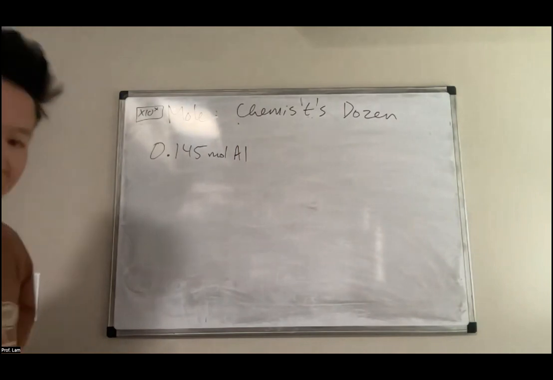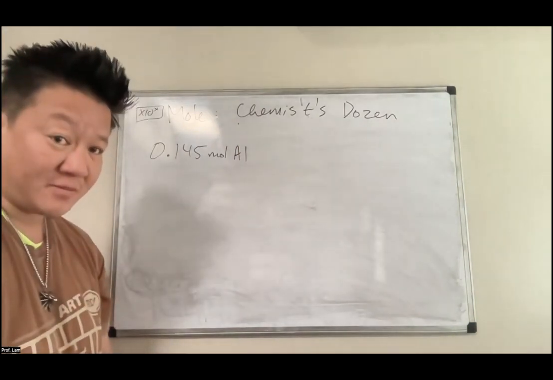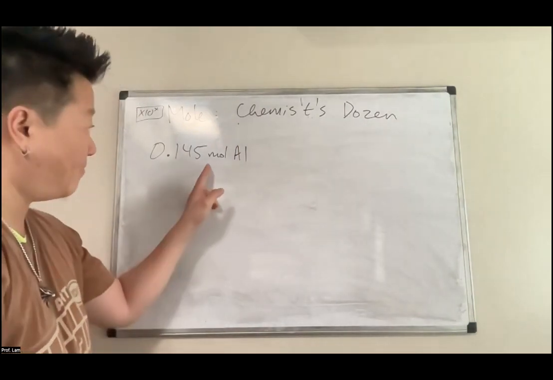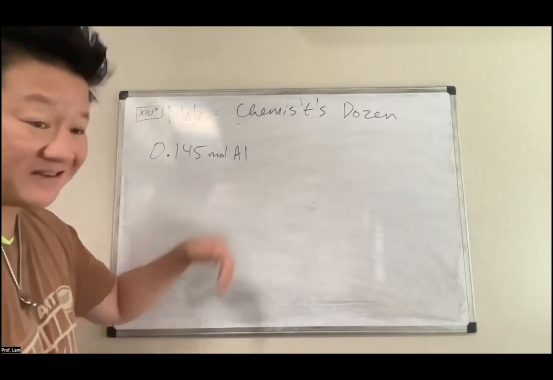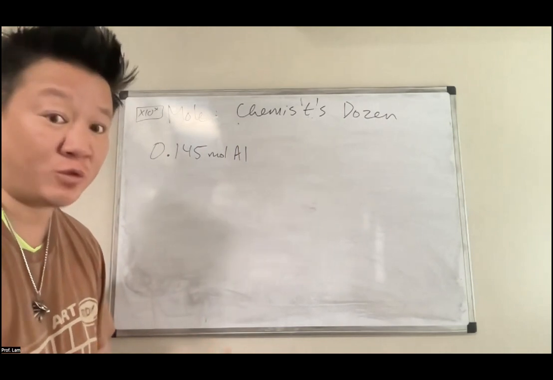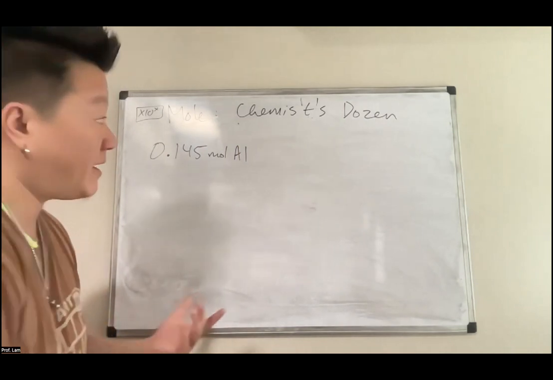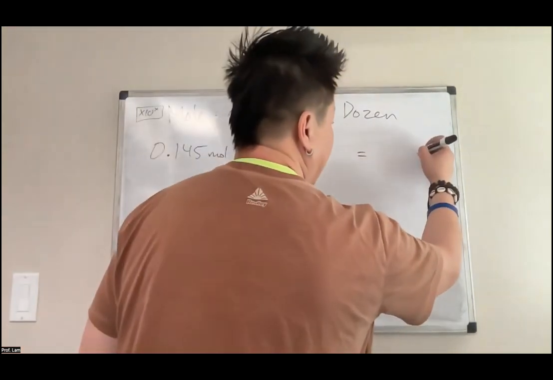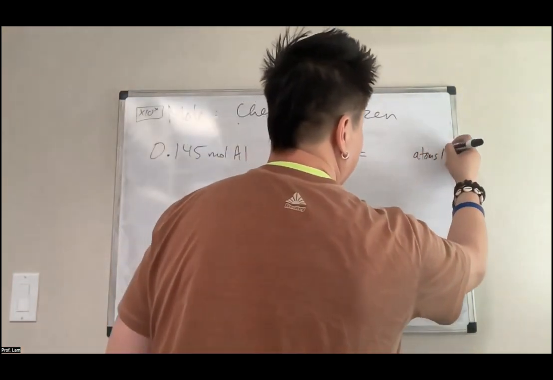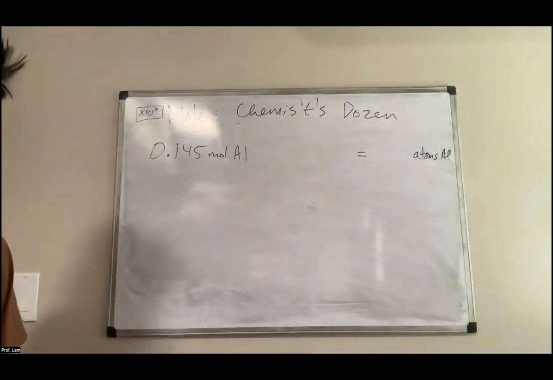Aluminum is the element, right? And if we were to do this in dozens, 1 dozen aluminum would be 12 aluminum atoms. Now we're asking 1 mole of aluminum is how many atoms of aluminum?